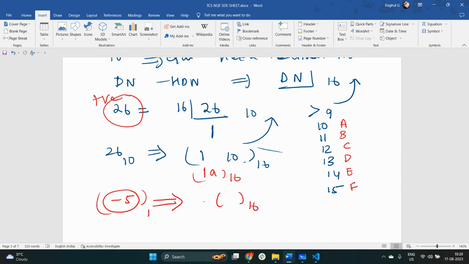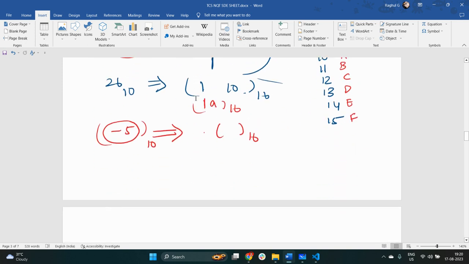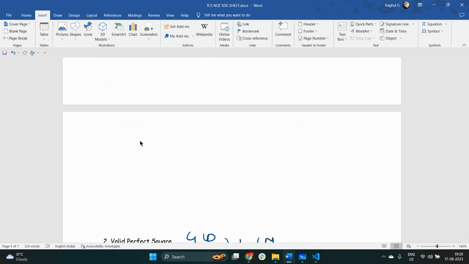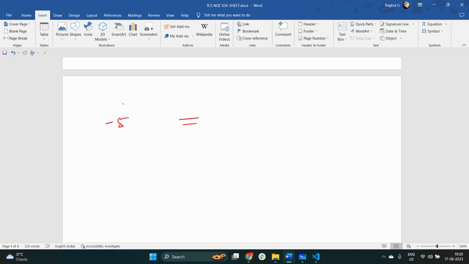They've given us a hint that we are supposed to use the two's complement method to solve the negative number questions. So how are we going to use it? It's very simple, guys, but it's very fascinating too. Okay, first of all, let's convert this minus 5 to an equivalent positive decimal number.